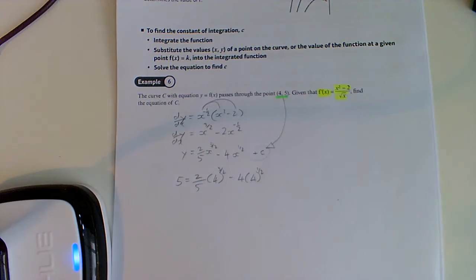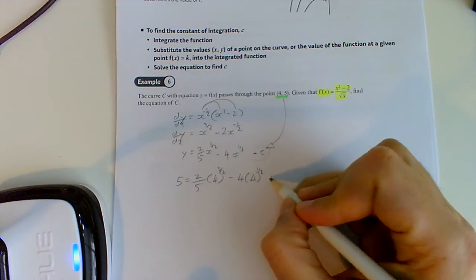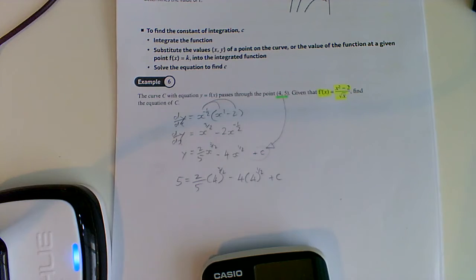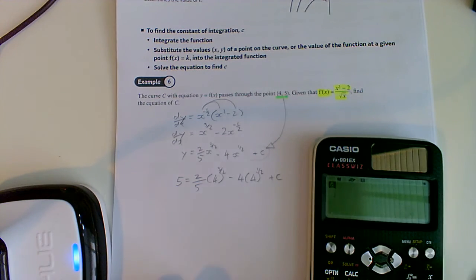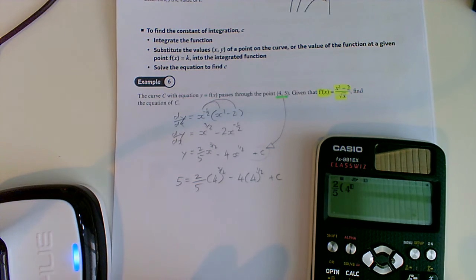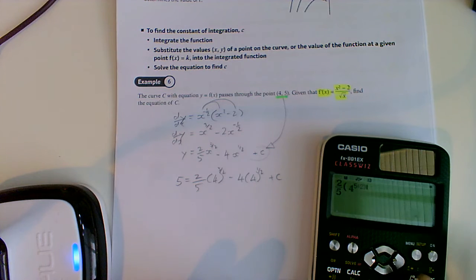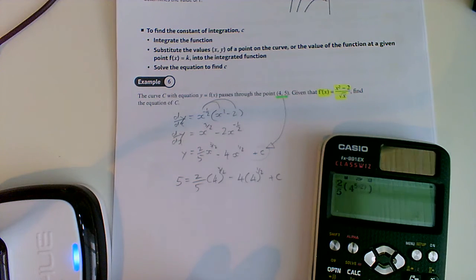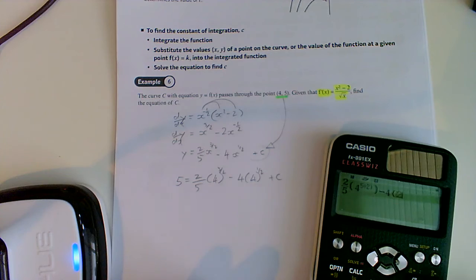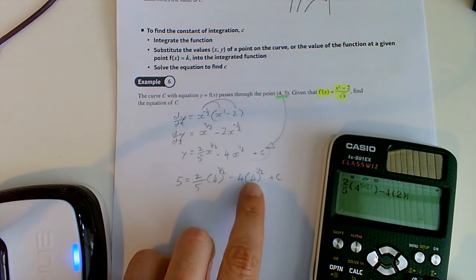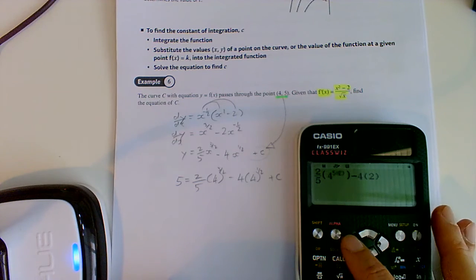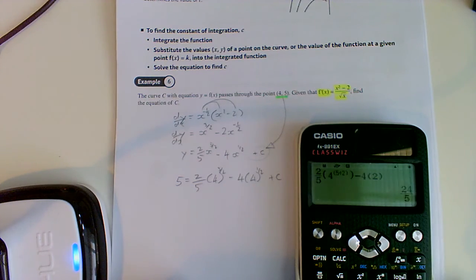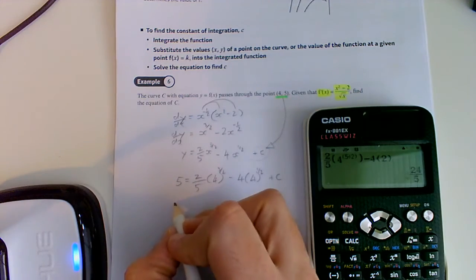Okay, and then if I plug all that into my calculator, that's 2/5 times 4 to the power of 5/2, minus 4 times the square root of 4, which is 2. That gives me 24/5.